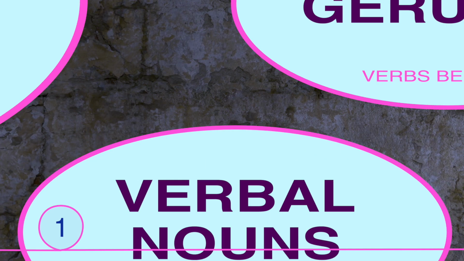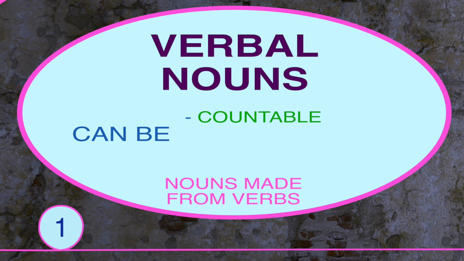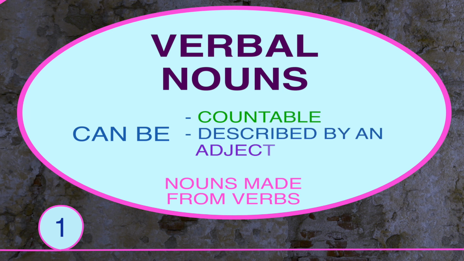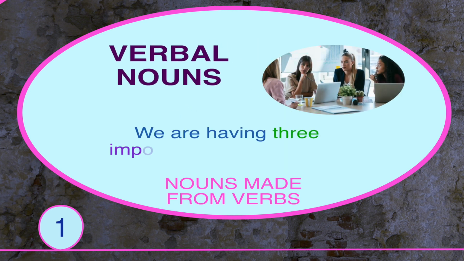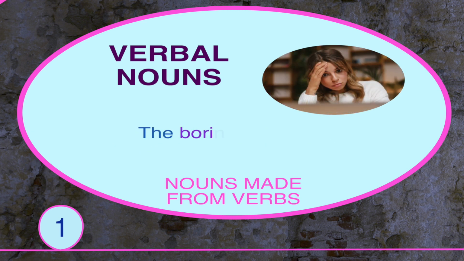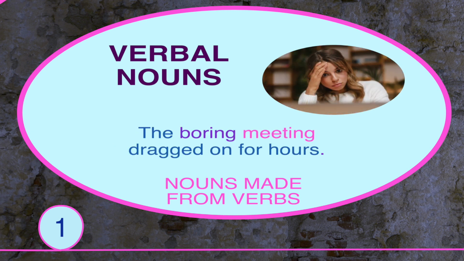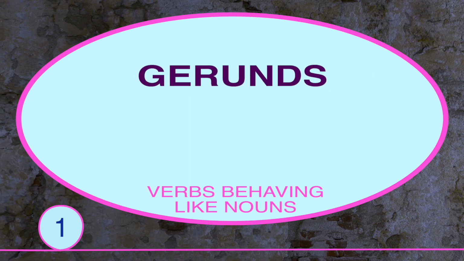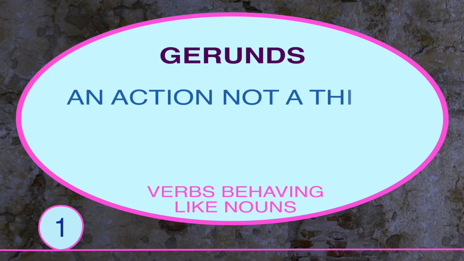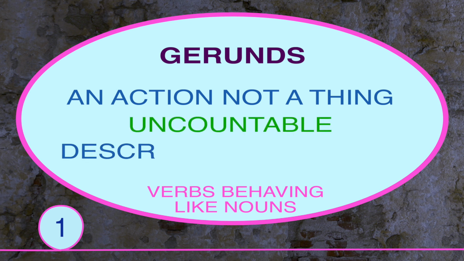A verbal noun can be countable and can be described by an adjective. We are having 3 important meetings today. The boring meeting dragged on for hours. Gerunds are talking about an action rather than a thing, and they are treated as uncountable and can be described by adverbs.